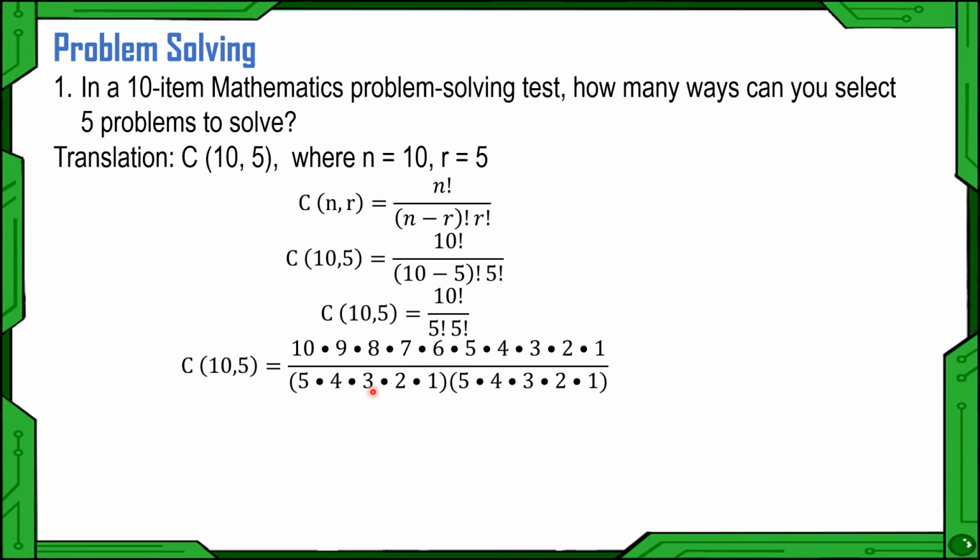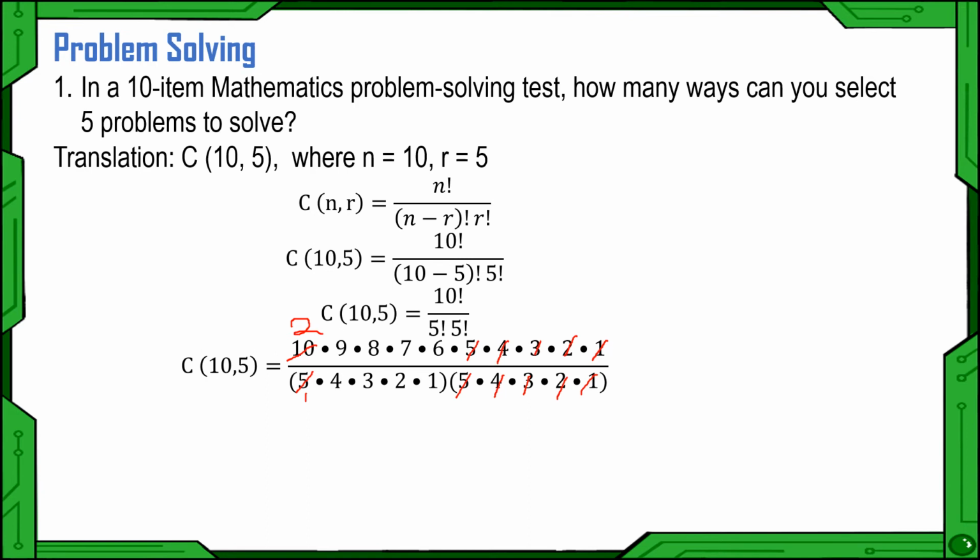And you can see here that if we cancel numbers 5, 4, 3, 2, and 1, in our numerator and denominator we can simplify 10 over 5. So, divide by 5. So, 5 divided by 5 is 1. 10 divided by 5 is 2.